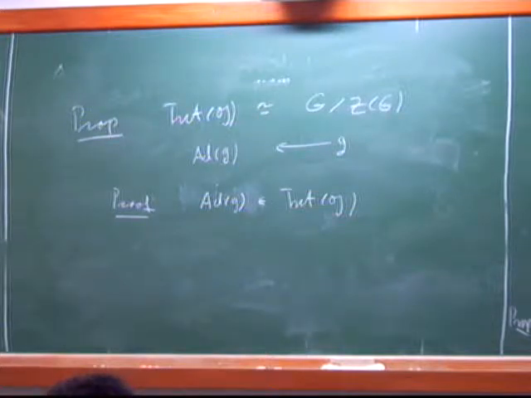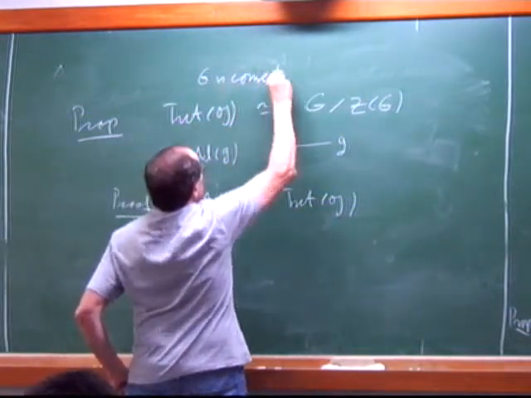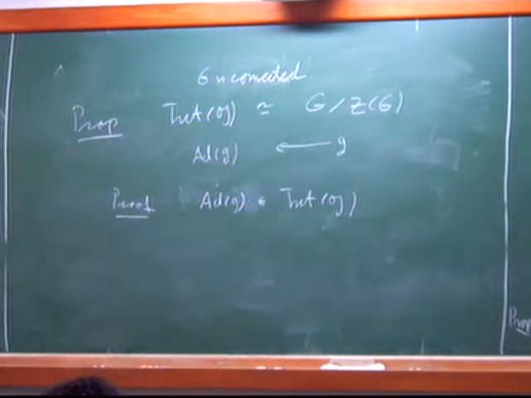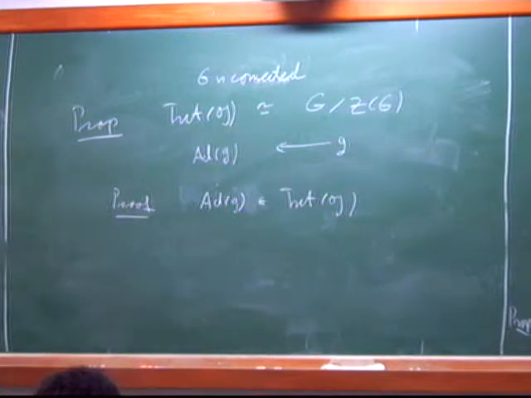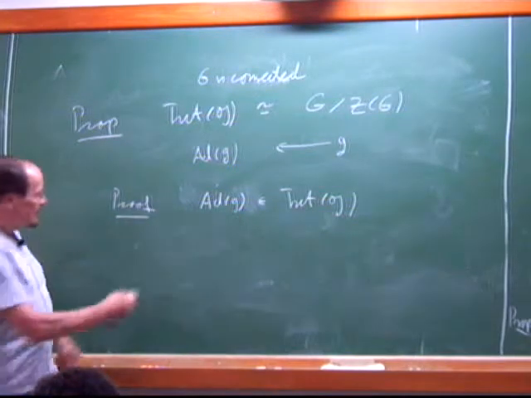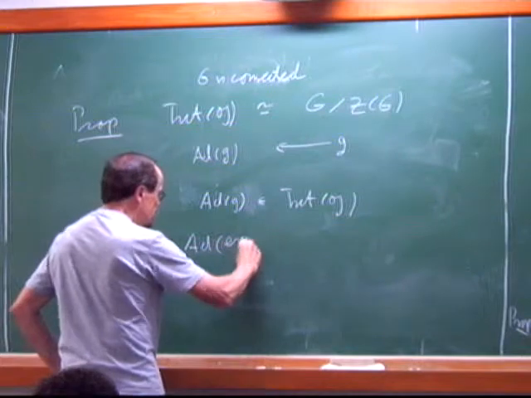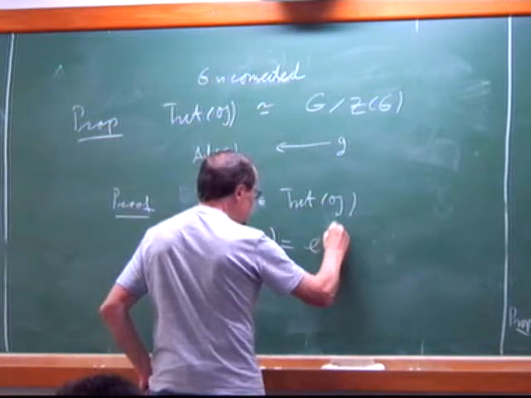They're both Lie groups, right? If I could show that that's true, well, let's see, I probably need to assume G connected. They're both connected Lie groups, right? This is connected, this is connected. So I can show they agree in a neighborhood of the identity. If I can show they agree in a neighborhood of the identity, I'm done. So let's take an element g that lies in a neighborhood of the identity. Let's write it as e to the x.